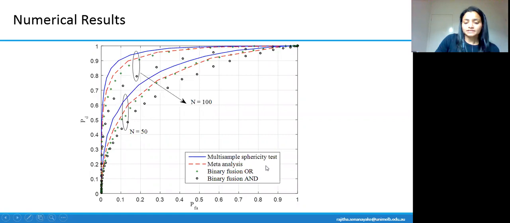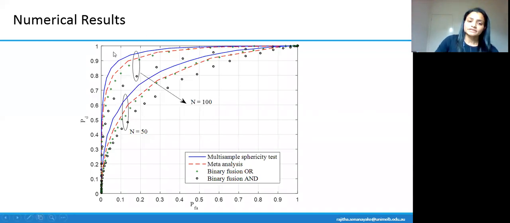As you can see, the multi-sample sphericity test, which is the blue line here, outperforms all the other three methods, the meta-analysis and the binary OR and binary AND fusion. So as we reduce the amount of information that we send up to the fusion center, the performance keeps reducing as well.